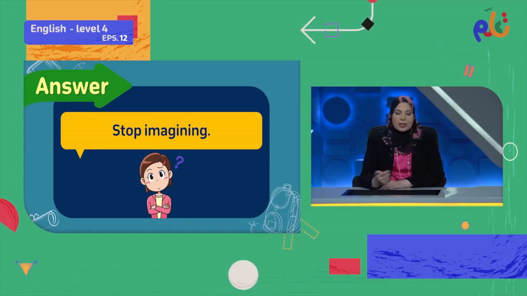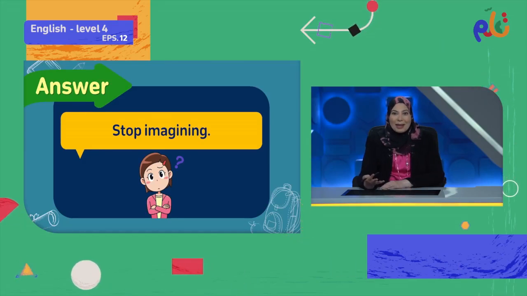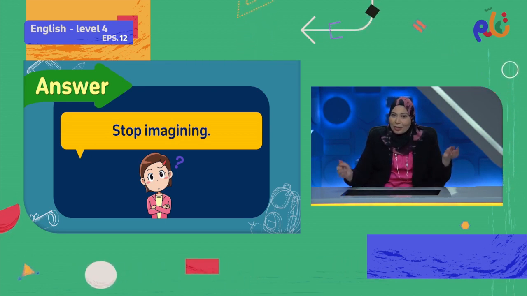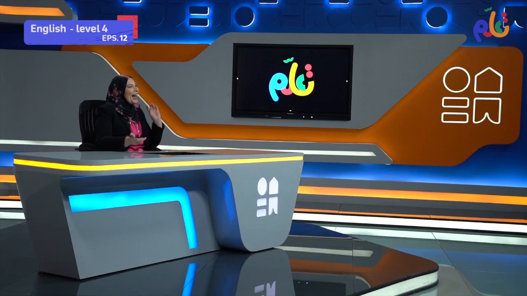So here, the answer is a bit funny and a bit different. So this will help you think outside the box. So the answer that we have is stop imagining. As simple as this. Because you're just imagining you're inside. If you would like to get out, just stop imagining. And this is the answer for our first riddle.